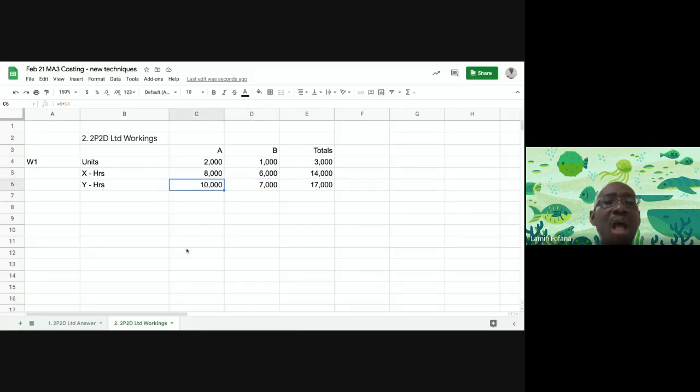And for department Y, we were given 5 hours for product A. So 5 hours multiplied by 2,000 gave us 10,000. Okay? For product B under department Y, it is 7 per unit.